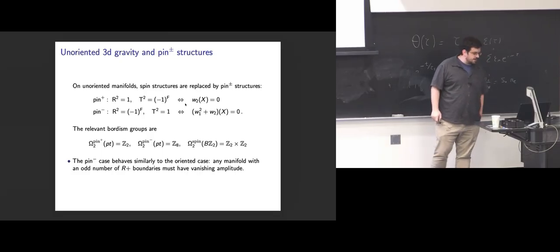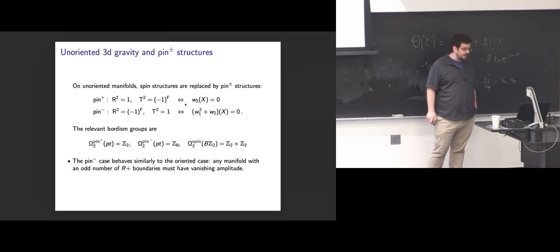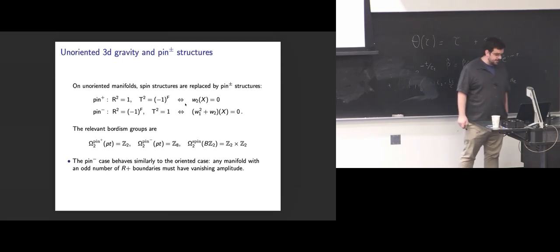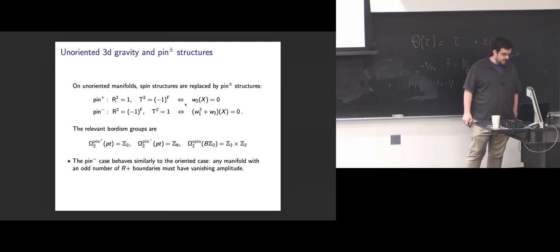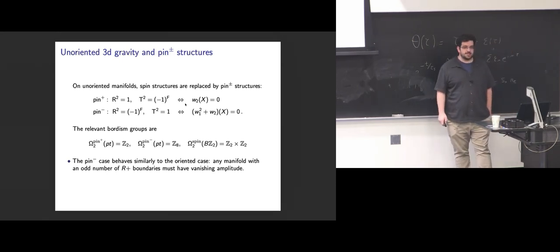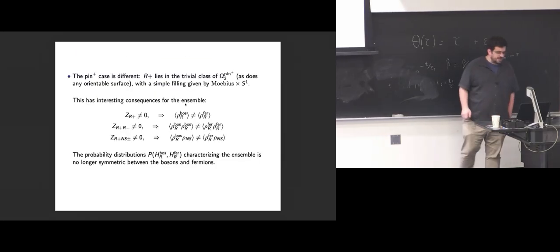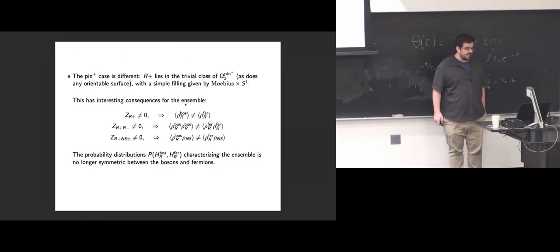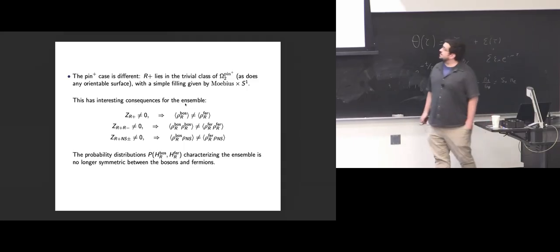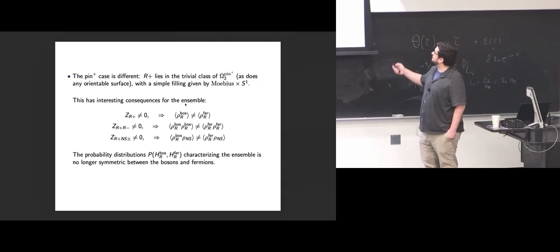In terms of this question about the amplitude with R plus boundaries, the pin minus case is similar to the oriented one. Any manifold with a non-zero number of R plus boundaries has a vanishing amplitude. The pin plus case is a little different. Now the R plus geometry lies in the trivial class of pin plus. Actually, any orientable surface is trivial.